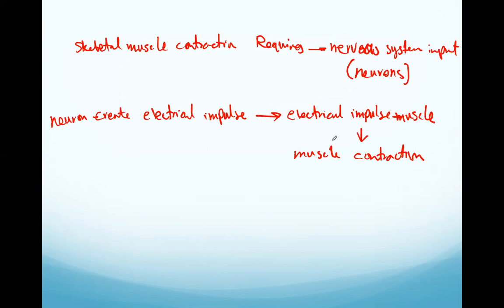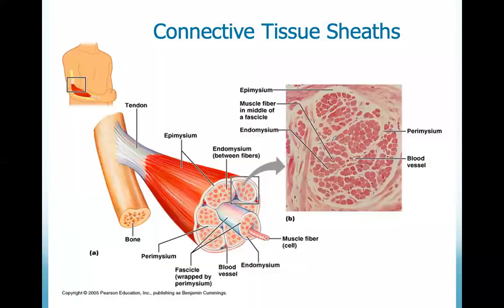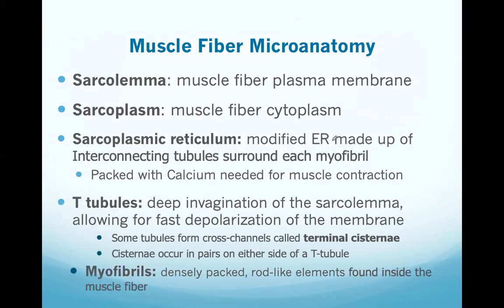Let's look at the anatomy of the skeletal muscle fiber in a little bit more detail and in relationship with a neuron. Okay, so we learned some of these vocabularies already. We know sarcolemma is the muscle fiber plasma membrane, which we labeled earlier. We also talked about sarcoplasm being the cytoplasm of the muscle fiber, basically the space inside the muscle fiber.